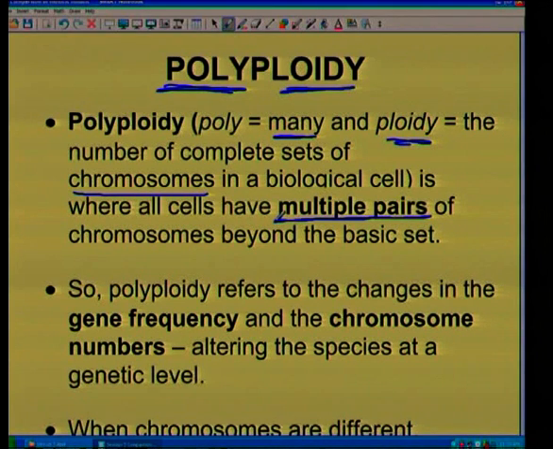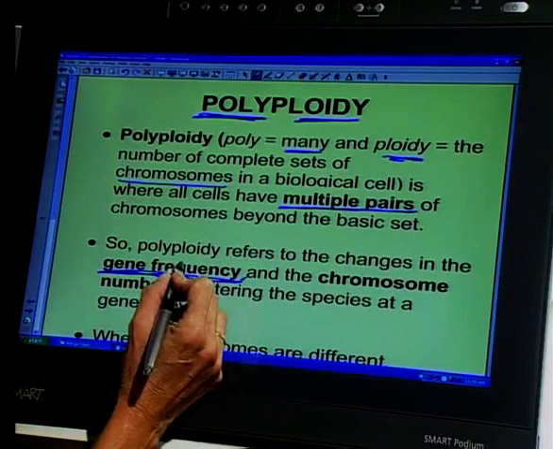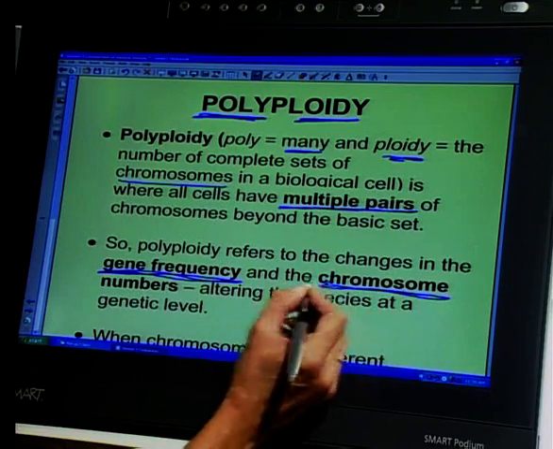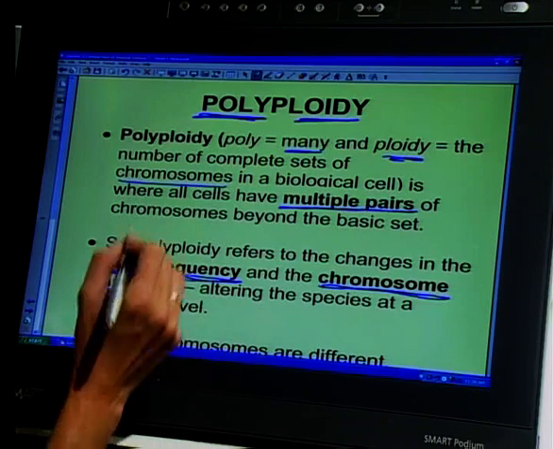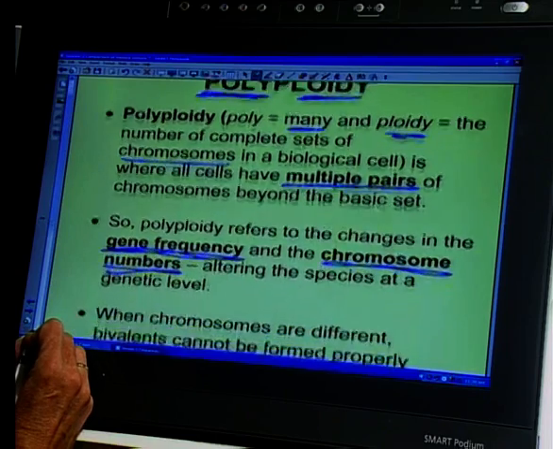So, polyploidy refers to the change in the gene frequency, so that's where the genes are placed and the number of genes, and therefore the chromosome numbers, because that will change. And that is what alters the species and puts it at a different genetic level.